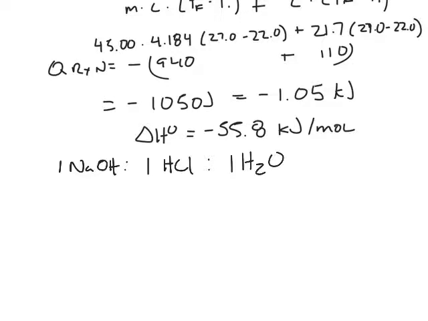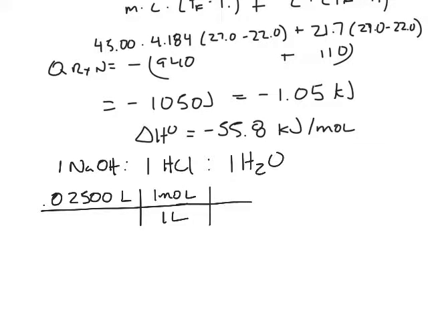Starting off with the NaOH, I had 25 milliliters of it, so that is 0.025 liters of NaOH. It was 1 molar, so that means 1 mole per liter, and it's 1 water per 1 NaOH. Told you that was going to be simple stoichiometry.